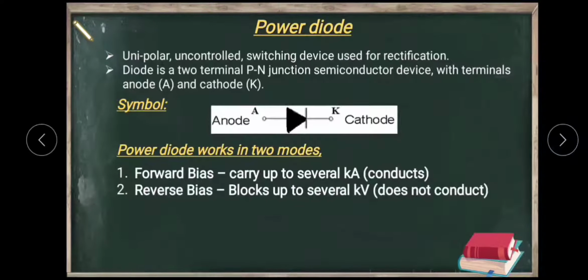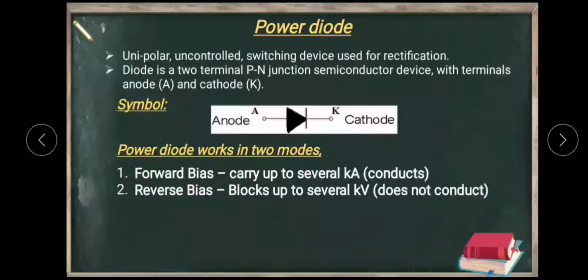So the power diode is a power semiconductor device which carries several kiloamperes of current when it is forward biased, and it will withstand several kilovolts of voltage when it is reverse biased.